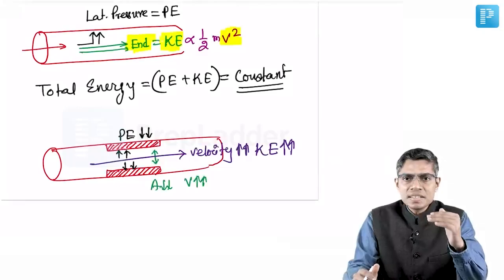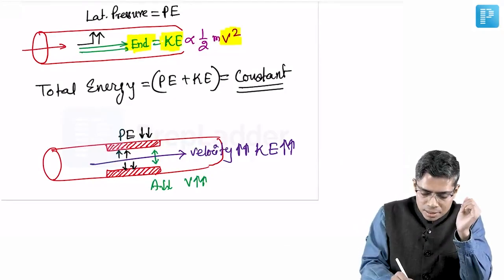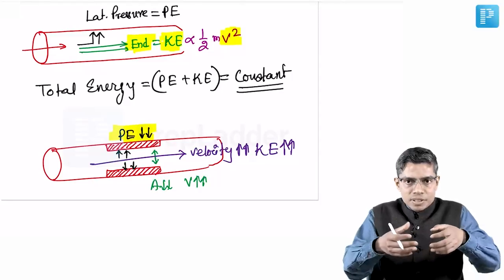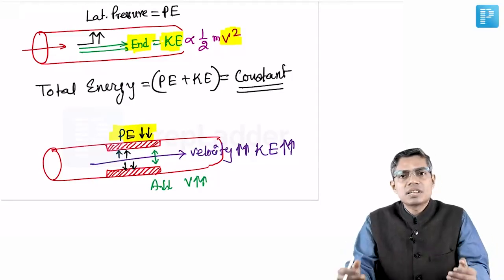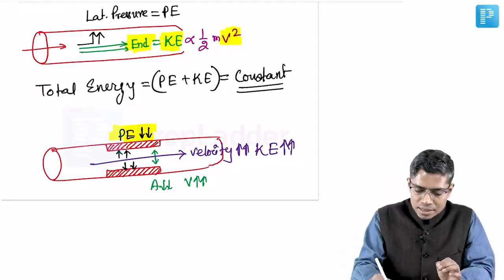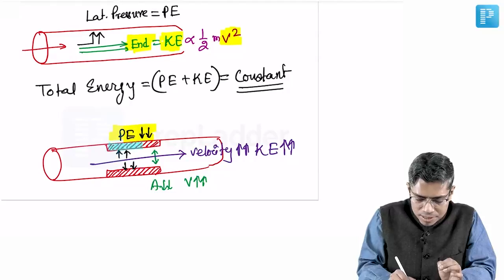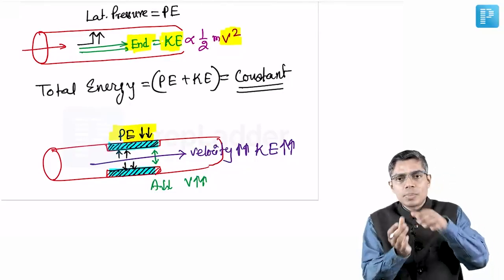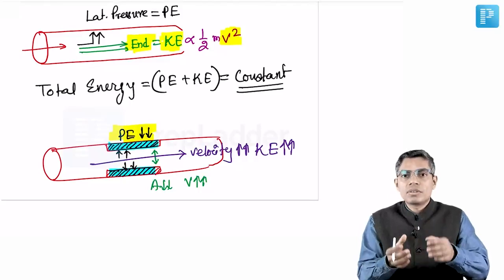Please remember, this lateral pressure is the pressure which will try to distend the blood vessel. So if there is an atherosclerotic plaque on this vessel, then this distending pressure at the level of this stenotic part will be lesser.